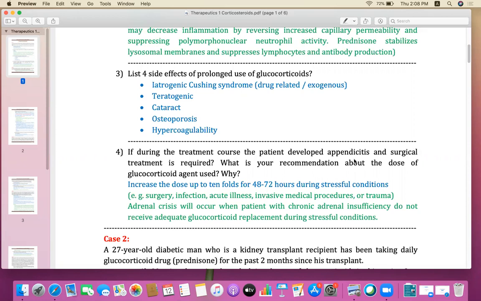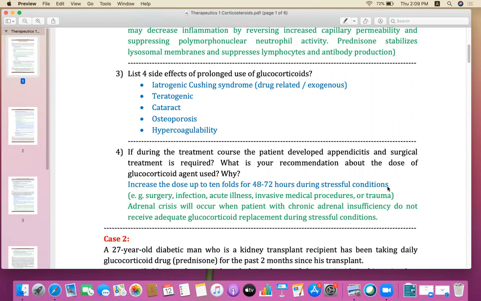So in severe stress, increase the dose up to 10 fold for 48 to 72 hours during stressful conditions, because the SLE patient is a chronic user of the corticosteroid, and he is going to undergo surgery. So surgery means severe stress.